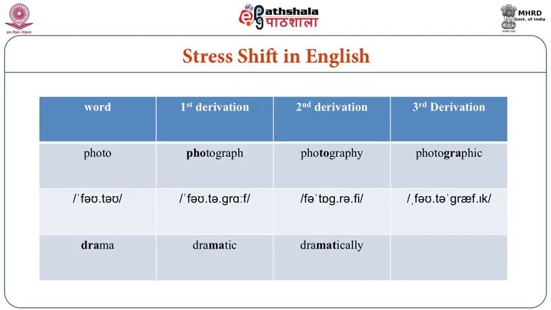Now it's photograph, then photography, and then photographic. So in every word we are changing the stress. Drama, it's drama. It's dramatic and it's dramatically. Now the stress is being shifted.